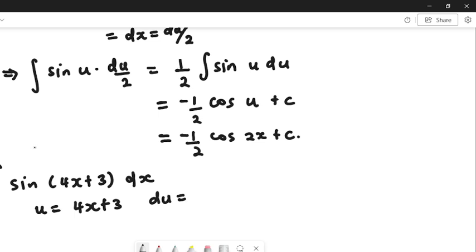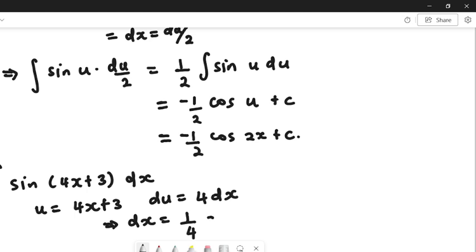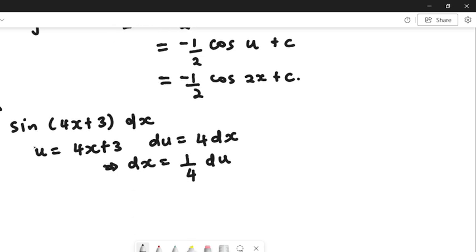Our du will be 4 dx. That means dx is 1 over 4 du, or you can simply say du over 4, and don't forget you can use any letter you want.